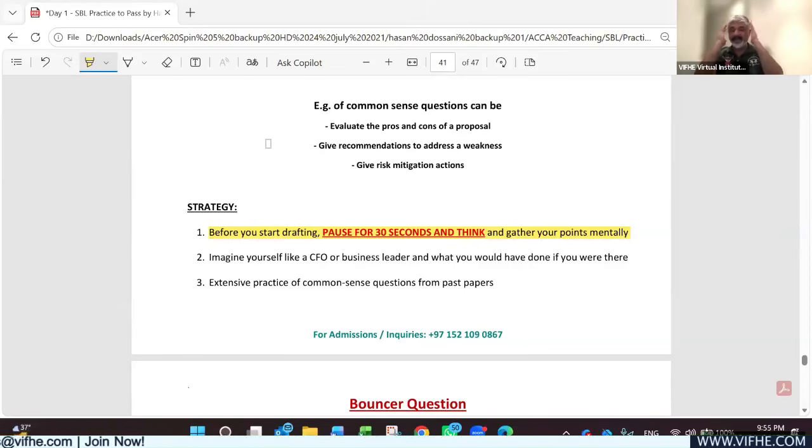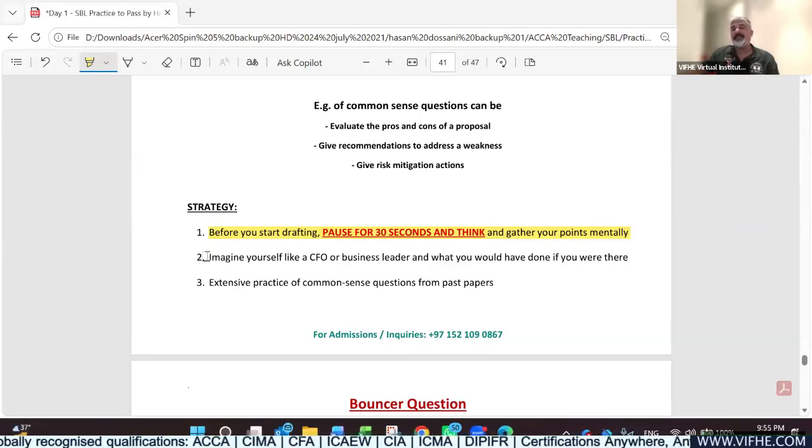Once you have gathered a few points, then you start drafting. Give a gap between reading and drafting, a pause. You will see that suddenly your mind will start working and performing. Is that clear, guys? We will apply this when we will be drafting our past papers from next week.